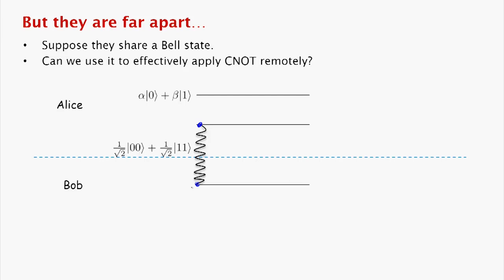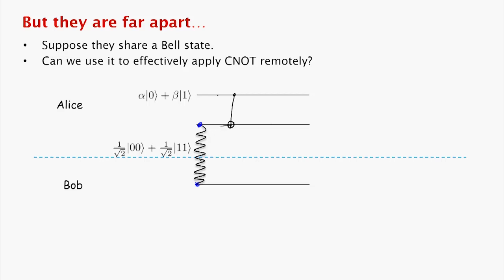They are entangled in a Bell state. So how should Alice try to create the state alpha 00 plus beta 11 shared with Bob? Well, since she can't apply a C0 from her lab directly to Bob's lab, maybe it's a good idea for her to apply a C0 from her qubit to her share of the Bell state.